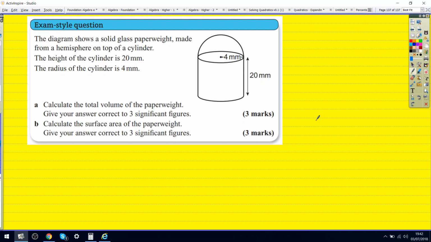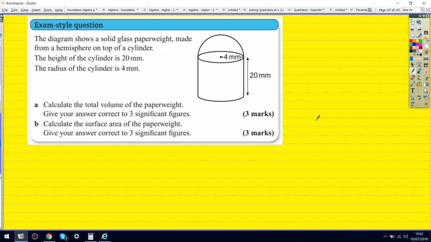The surface area of the paperweight. So the first thing we have is pi r squared for the base of the shape.